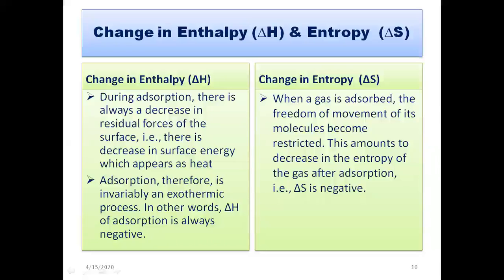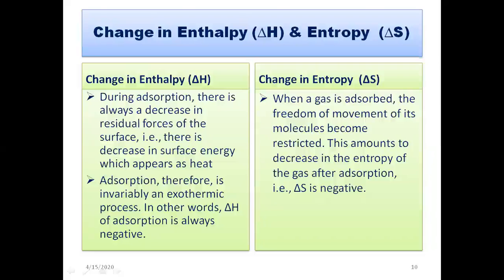When hydrogen gas is adsorbed on glass surface, hydrogen molecules split into hydrogen atoms. As we know, when one gas molecule splits into atoms, entropy increases.